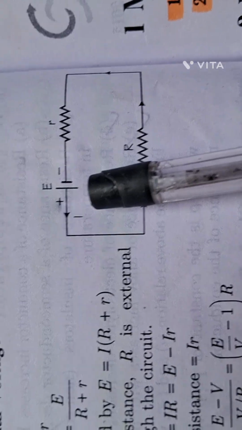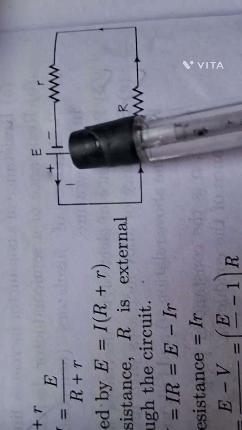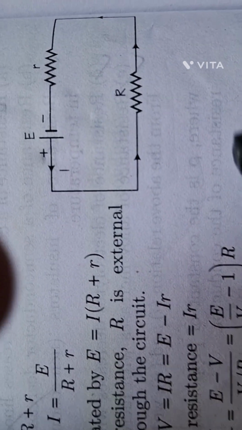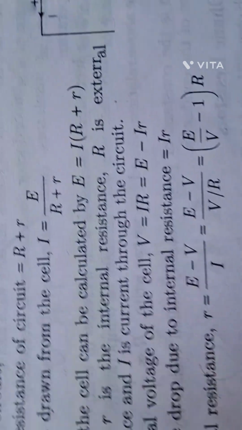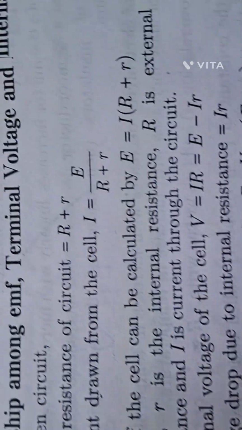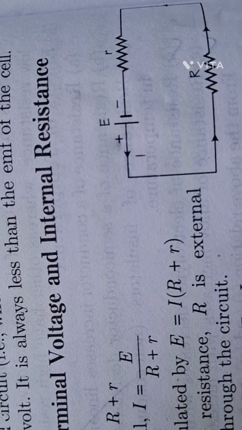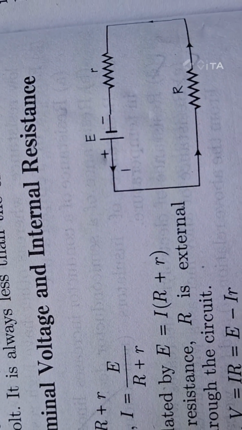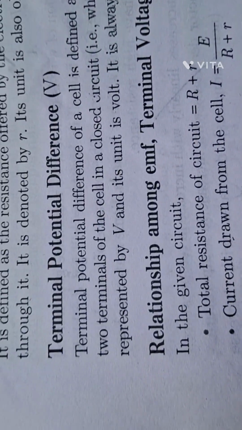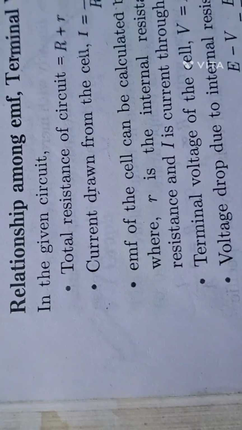Okay, now when it passes through the battery, it offers certain resistance. For example, the outside resistance is there, and there is inside resistance also, which is known as internal resistance, causing the voltage drop.